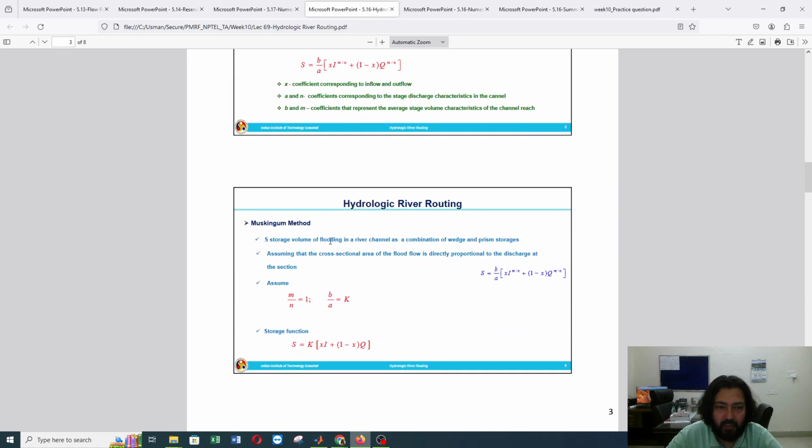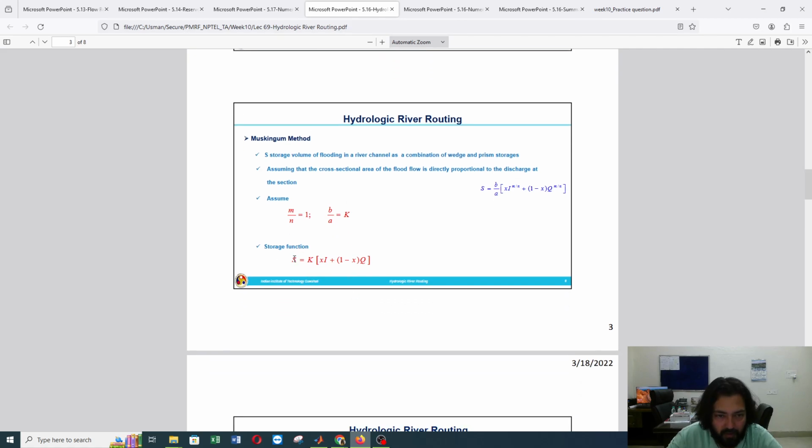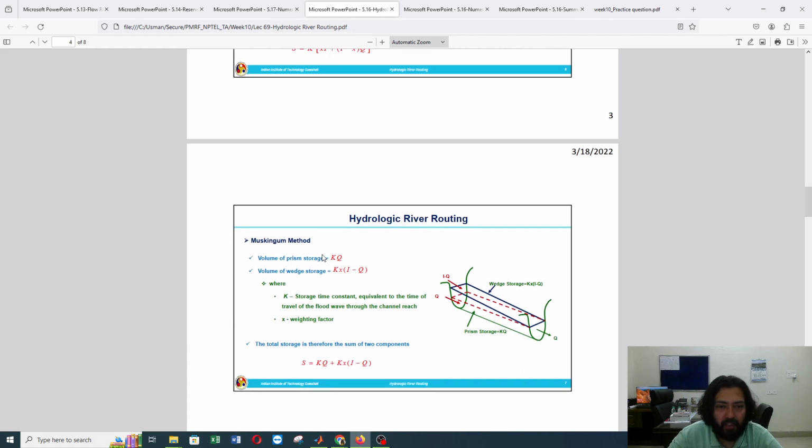This equation is given by the Muskingum method. The Muskingum method takes into account both the inflow and outflow, and the storage equation is S equals K times x I plus (1 minus x) Q, right? Here K times Q is the prism storage, because it depends only on the outflow, whereas the wedge storage accounts for inflow: K x (I minus Q), where x is the weighting factor.